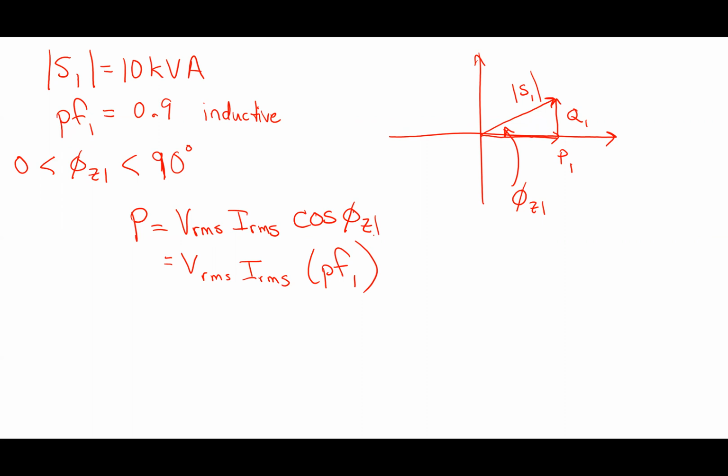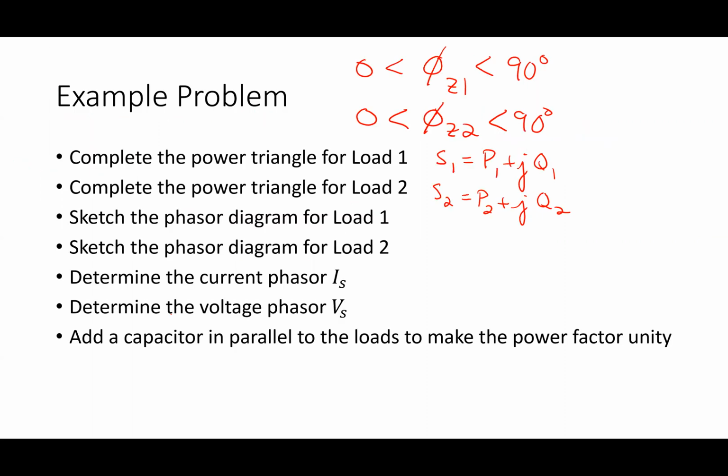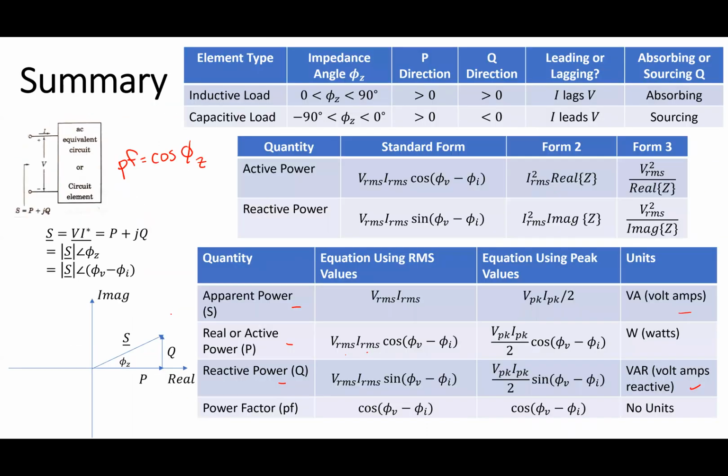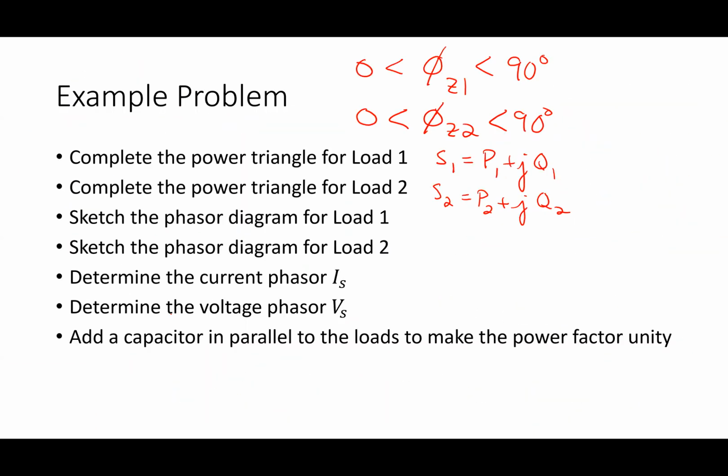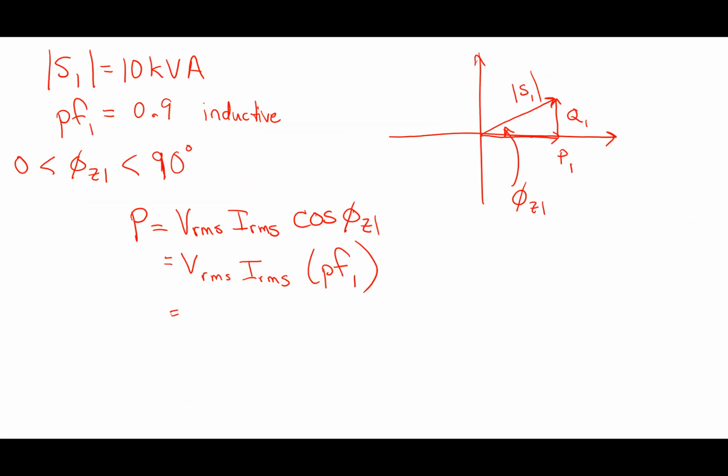Do I know VRMS IRMS? I know those as well, because VRMS IRMS is the magnitude of S. I can go back to the sheet. So I know that this is 10,000 times 0.9, or 9 kW. I'll call that P1.